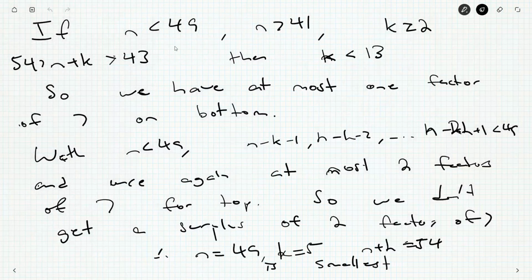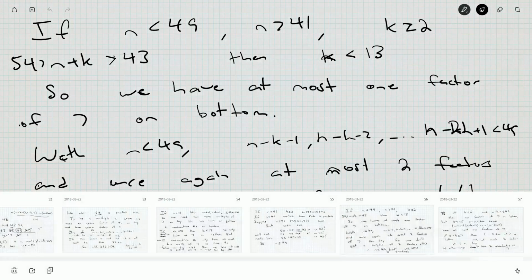If n is less than 49 and n is greater than 41, oh, could we have 42? No, you can't have 42 because then you wouldn't get a 41. So that's something else I need to add. I'll just press the plus button.